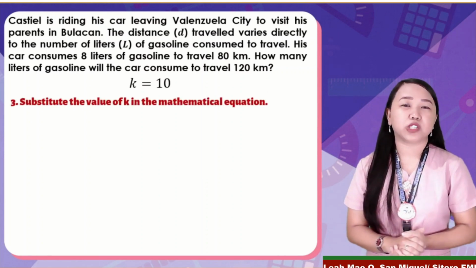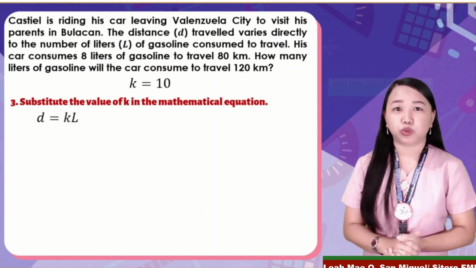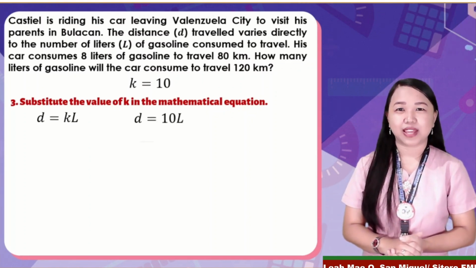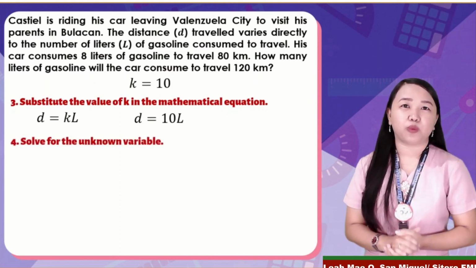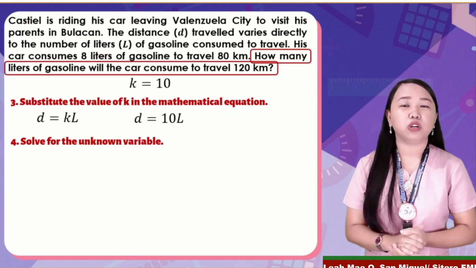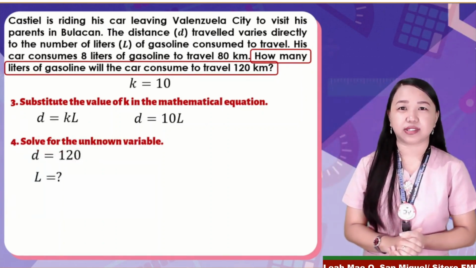Let's now substitute the value of k in the equation D is equal to kL. We have D is equal to 10L. We will be using this equation to get the liters of gasoline that a car will consume to travel 120 kilometers.